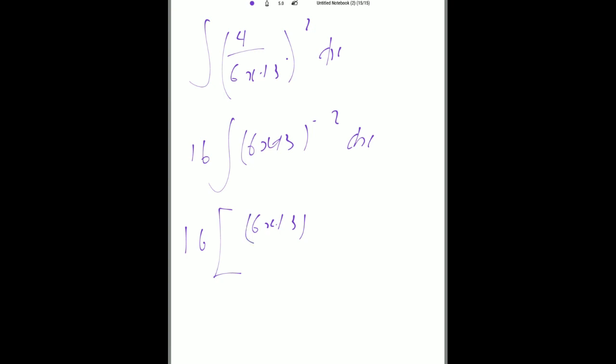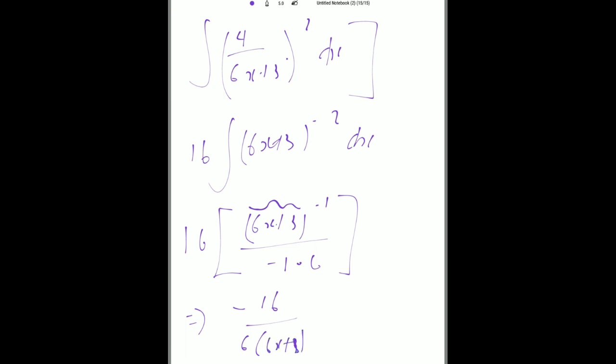We're going to be adding 1 to the power, so negative 2 plus 1 is negative 1. Divided by that power, dividing by negative 1, multiplying that by the differential of what is in the bracket here, which would be 6. So that is telling us that the integral of this function here would be negative 16 over 6 times 6x plus 3 plus c.